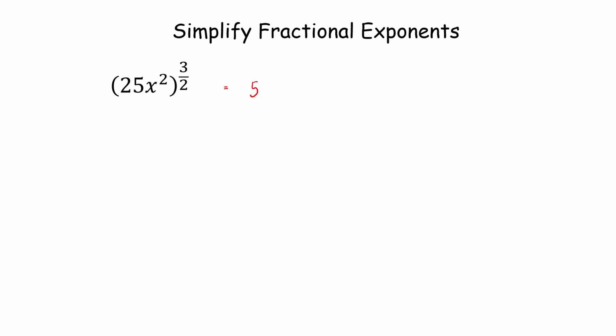So that 25 is 5 squared, and then let's multiply that by 3 over 2. And then x raised to 2, and then multiply that by 3 over 2. So we can cross out the 2. That leaves us 5 raised to 3, which is equal to 125. Cross out the 2, that leaves us x raised to 3 also. And that will be the final answer.